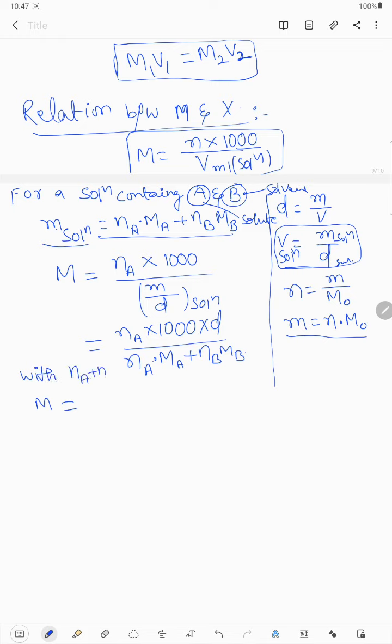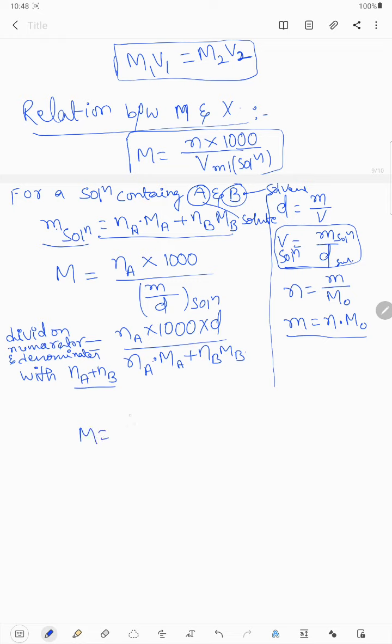Now M equal to, you can divide both sides, numerator and denominator, with Na plus Nb. Then please look carefully.